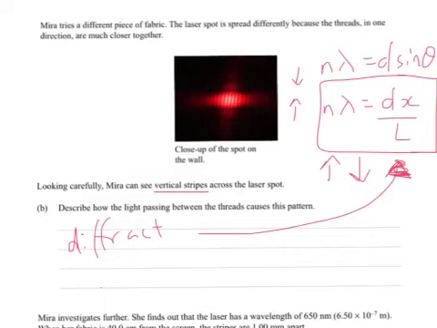You could use d sine theta, because the small angle approximation would work, because the distance from the screen to the fabric will be quite a bit larger than the distance between the fringes. So we can use our small angle approximation of sine theta equaling x over L. But anyway, the light causes this by diffracting and then interfering.